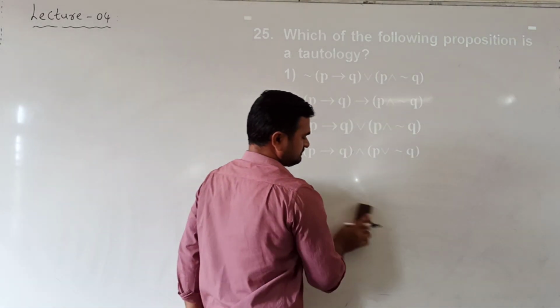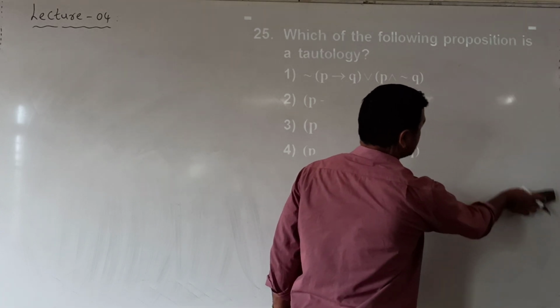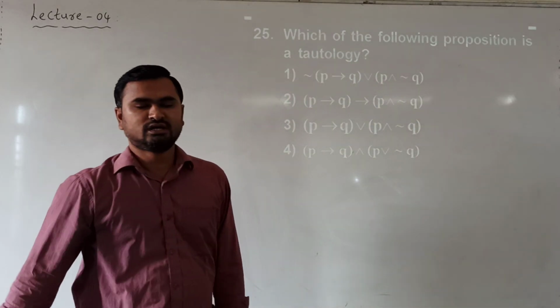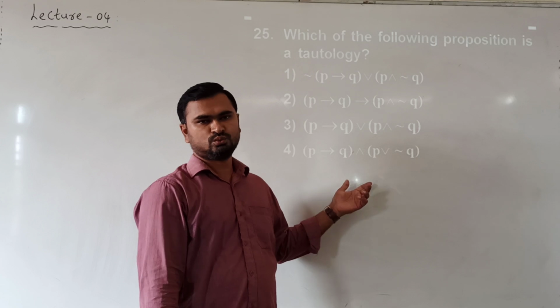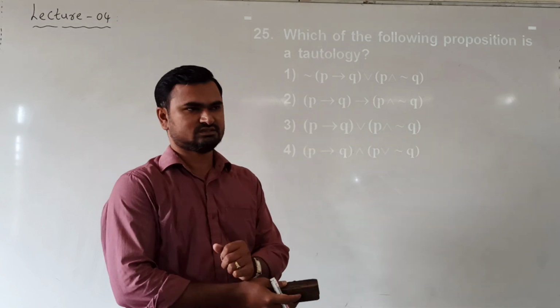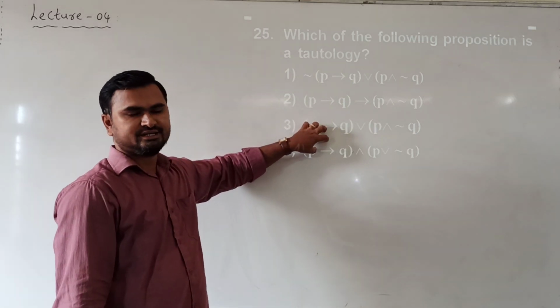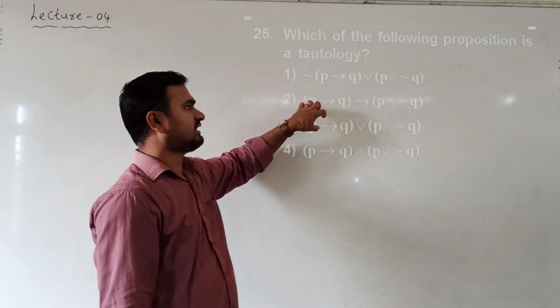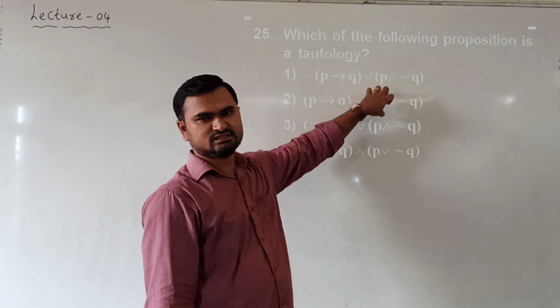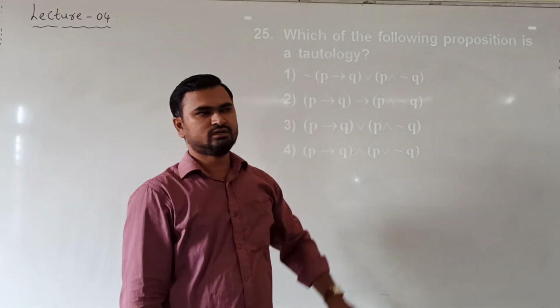Tautology means in the compound proposition truth table, if we have all the entries as true, then it is called a tautology. So let us write the truth table for each of these options and see for which option we are having all the entries as true in the truth table column.